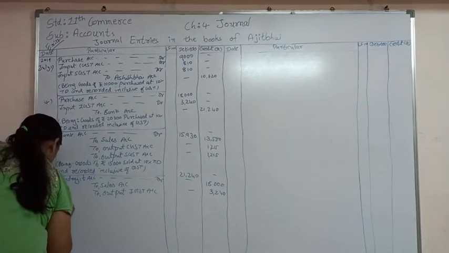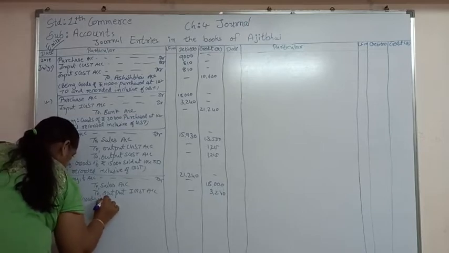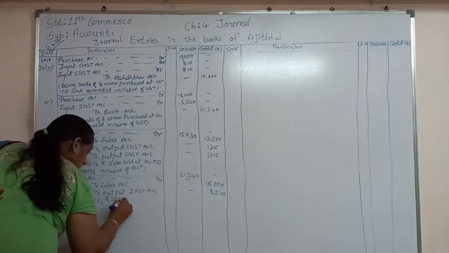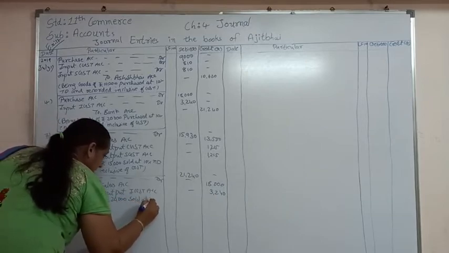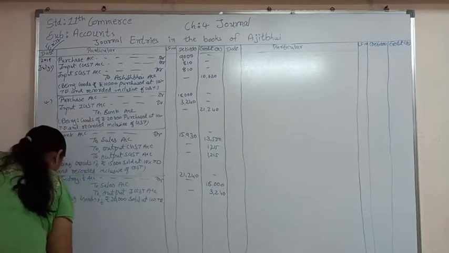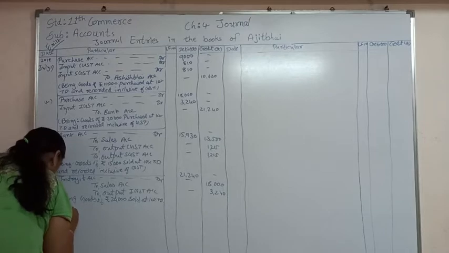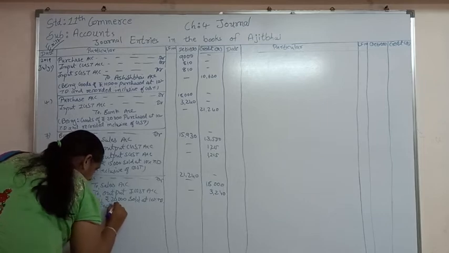Being goods of rupees 20,000 sold at 10% trade discount and recorded inclusive of GST.